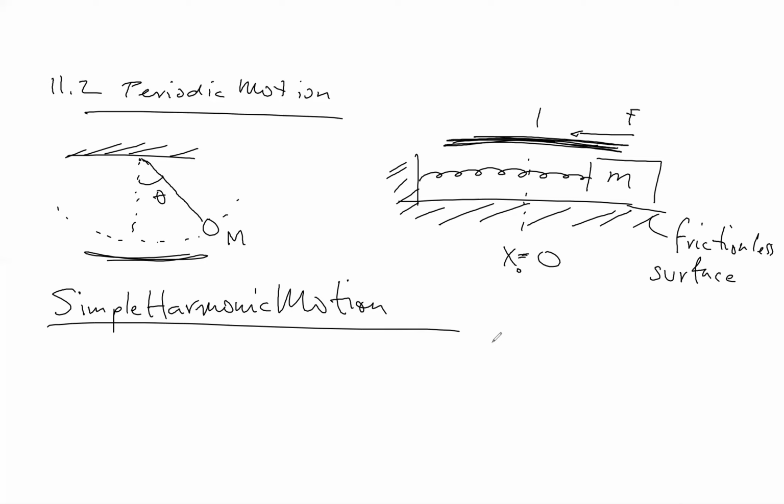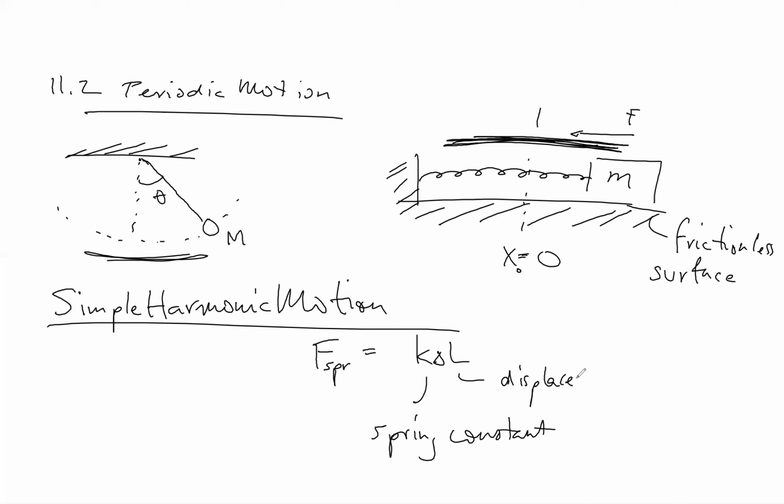That should sound familiar because you know that for that spring, there's going to be a spring force, and it's going to be equal to K delta L, where K is some spring constant, and delta L is some displacement from equilibrium.